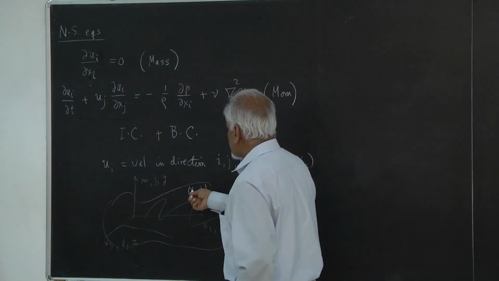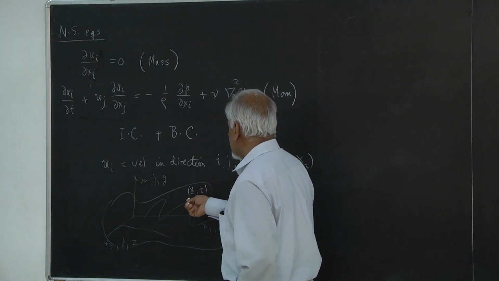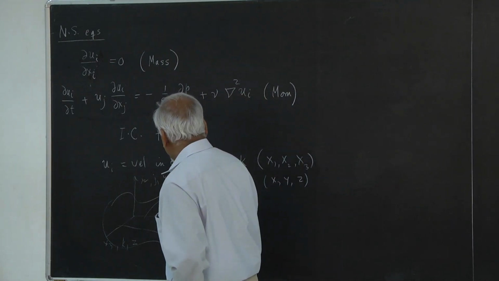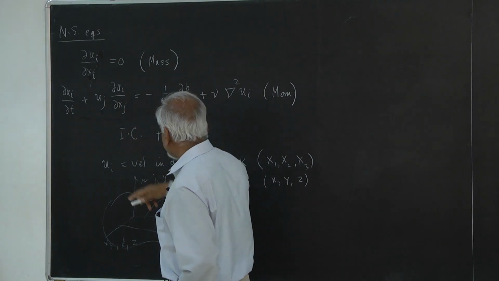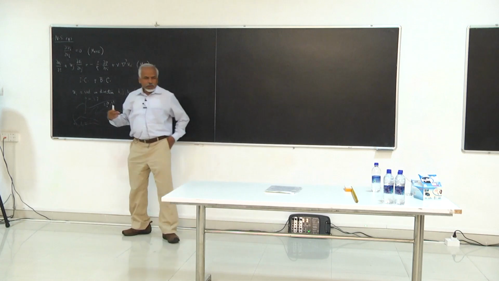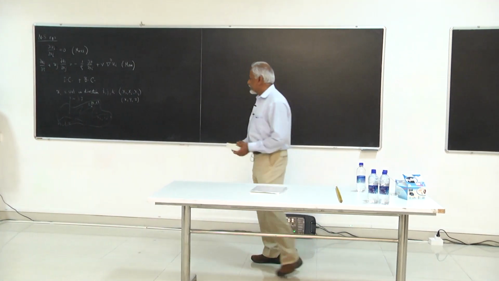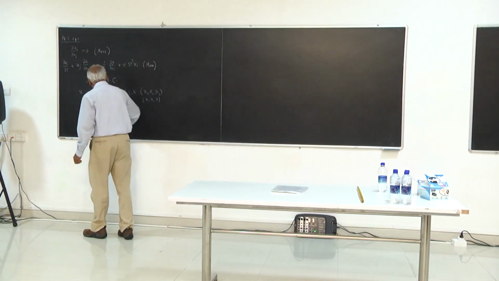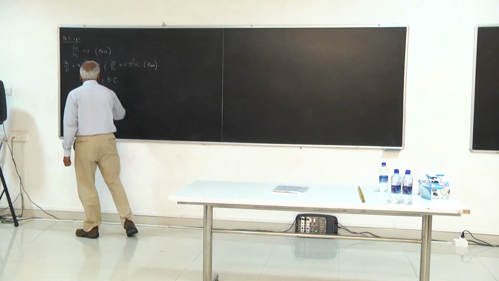So you have x1, x2, x3 in the three-dimensional coordinate system and at a given time, and you are solving for the velocity ui, the ith component of the velocity, using that. Of course, u2, u3 will follow. So you have to solve all of them at the same time. Okay. So that's the job. So I think, at least I hope you know what I have written down here.